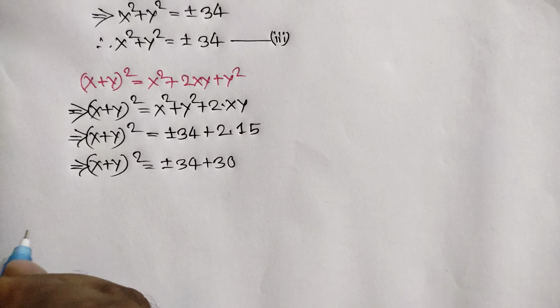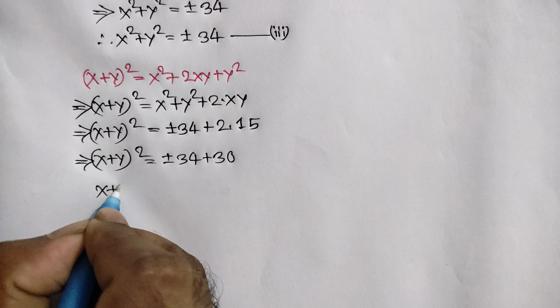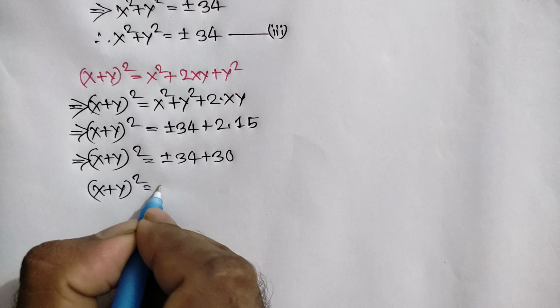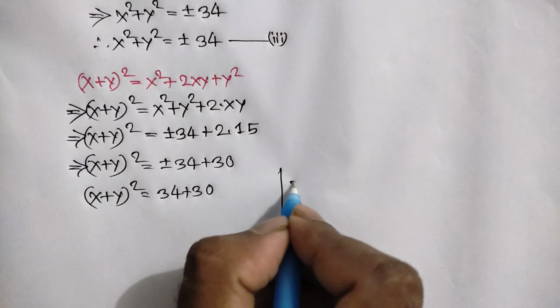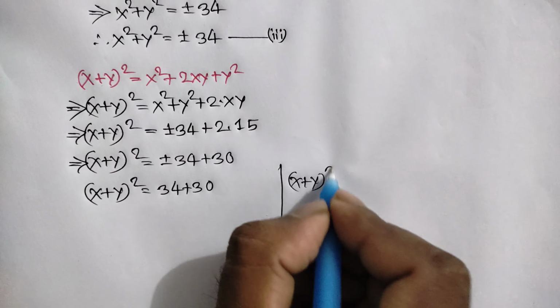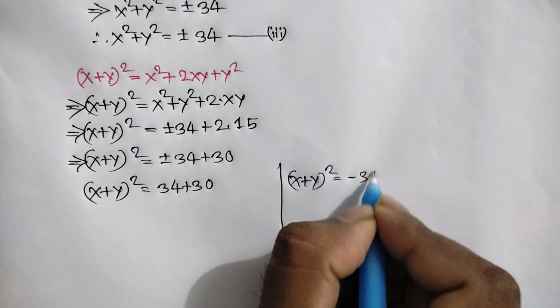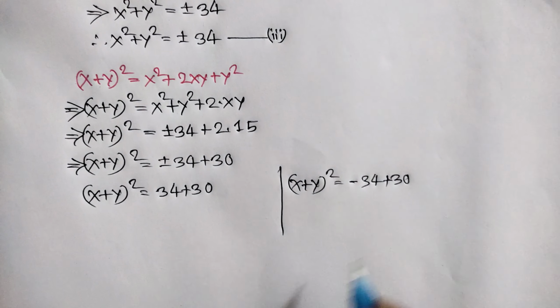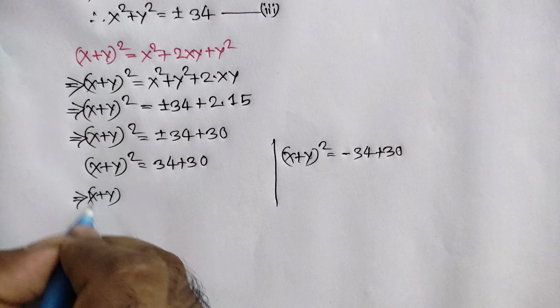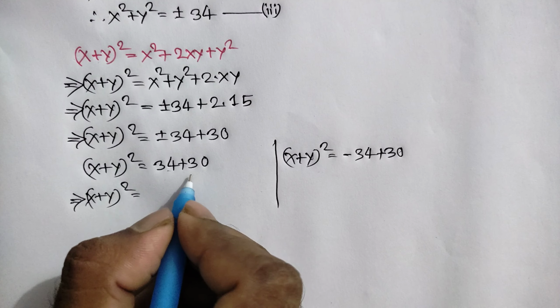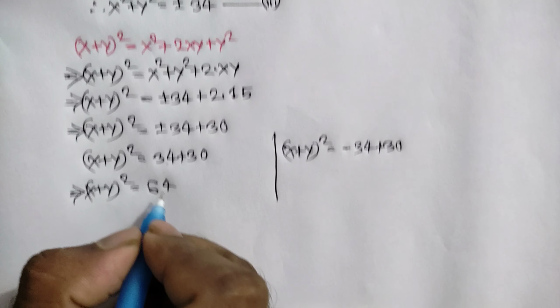Now from here we have two solutions, so we can write x plus y whole square is equal to 34 plus 30, and x plus y whole square is equal to negative 34 plus 30. First, x plus y whole square is equal to 34 plus 30 is 64.